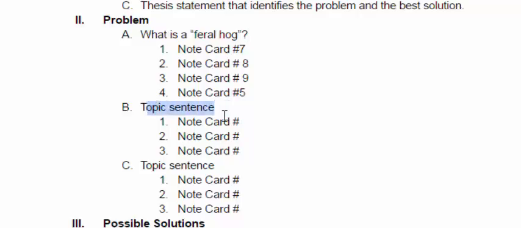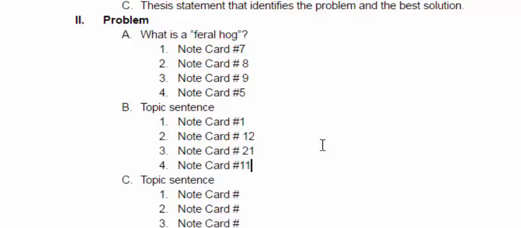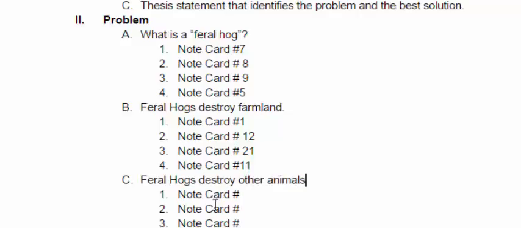Next one I have, one big problem is that they destroy farmland. And it said something about that on number 1 and number 12 and number 21 and number 11. And I also saw that feral hogs destroy other animals' habitats.